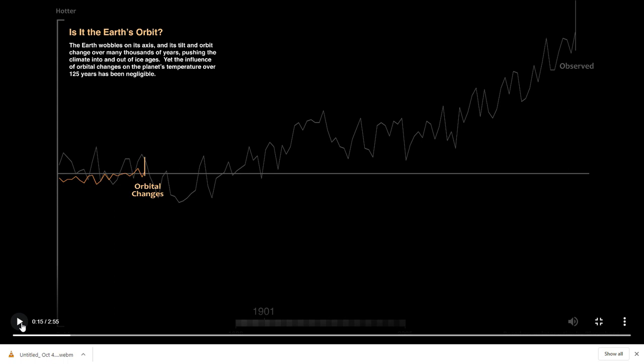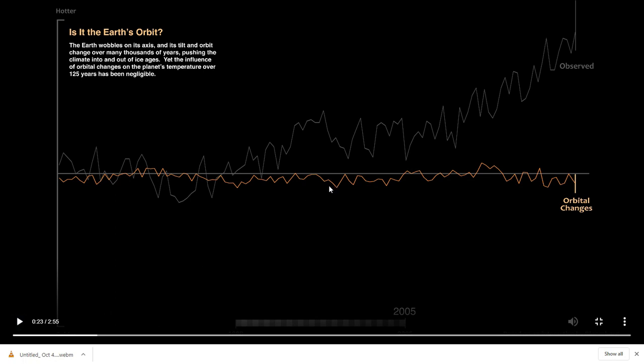Okay? So again, we're starting 1880. Where I paused the graphic here is the year 1901. So let's continue this. So now, as you can see, let's take a look at some interesting things here. If orbital changes were affecting the climate, see how this is below the average?